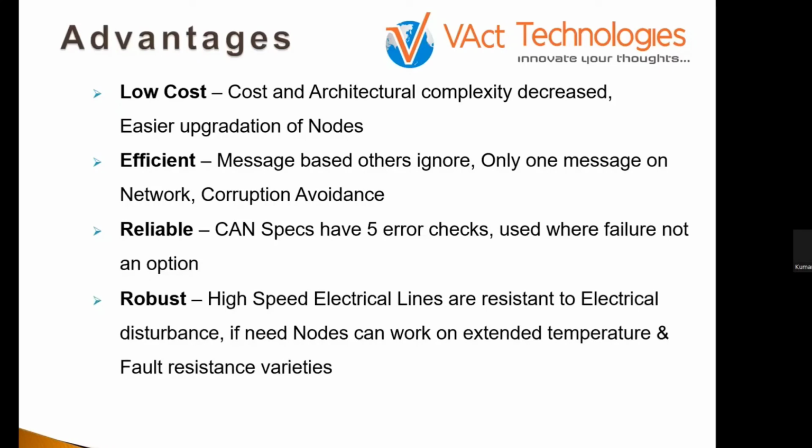What does robust mean? Most of the high-speed data networks are prone to electrical disturbances when they are going near electrical lines. But the CAN is resistant to electrical signals and electrical disturbances.